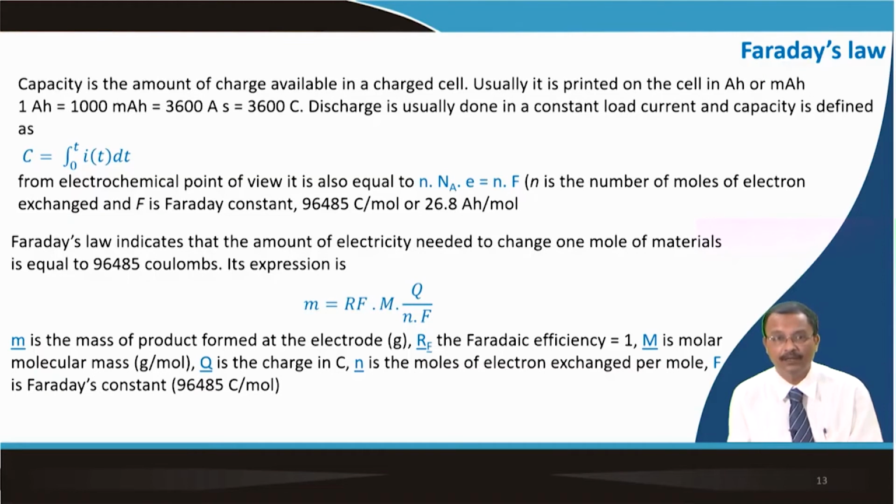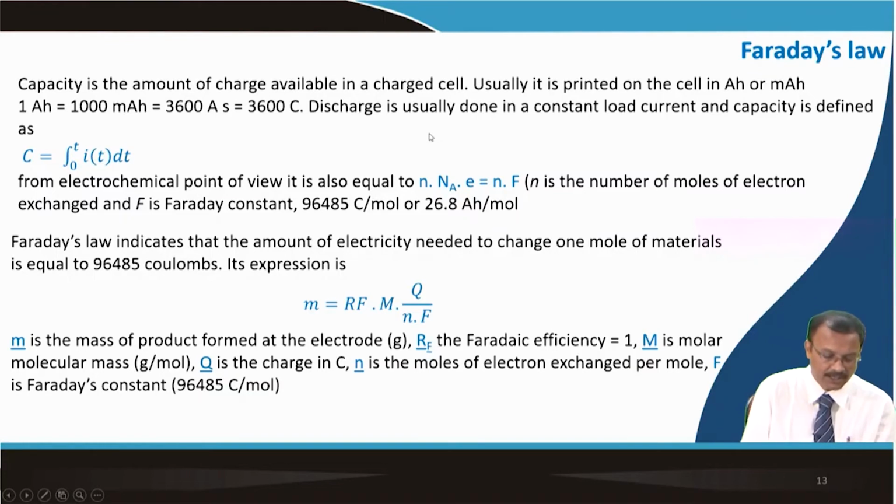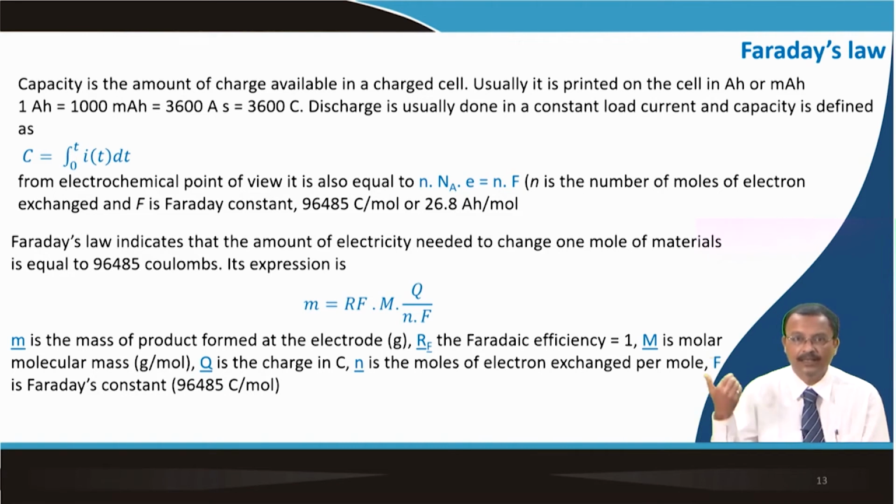So, 1 ampere hour is 1000 milliampere hour, and then you transfer into seconds. So, it is 3600 ampere second. So, this is nothing but 3600 coulomb.